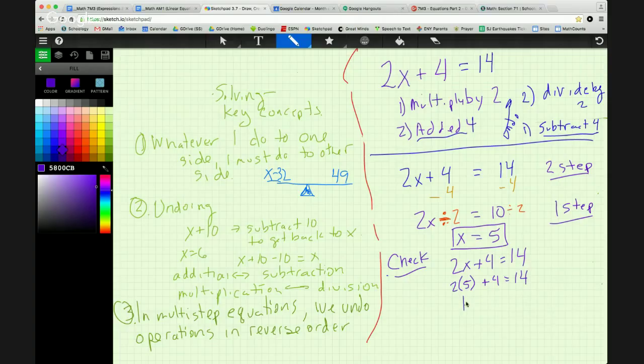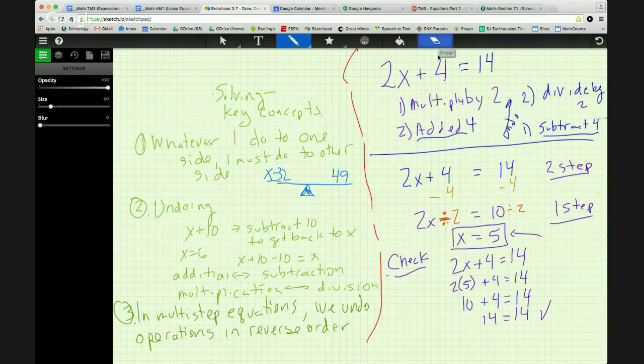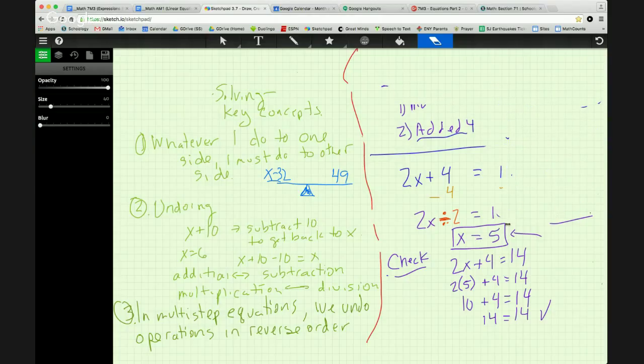Well, does 10 plus 4 equal 14? Well, does 14 equal 14? And I say yes. So x is indeed correct. It was a two-step equation. I solved it by figuring out what I did first and then what I did second and undoing things in the opposite order. So let's look at another problem.